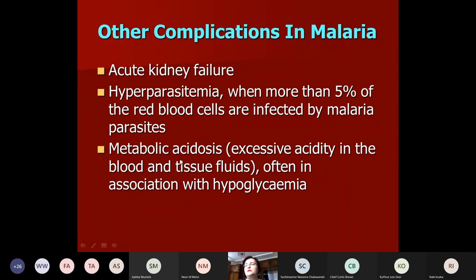Yes, metabolic acidosis is a very serious problem and can lead to disseminated intravascular coagulopathy, to failure of all organs and to death. It is often associated with hypoglycemia.